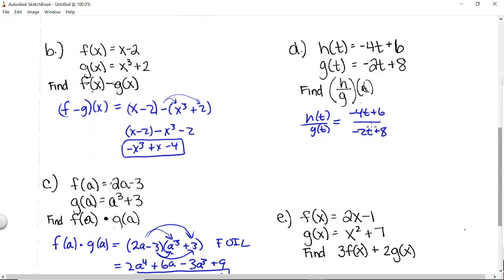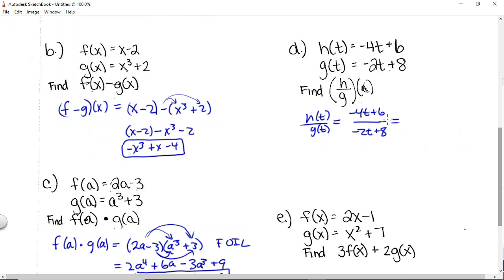Okay, so now what do you do with that? Well, this is a quotient of two functions, and this is a pretty convenient form already, but we will reduce it if we can divide all four of those by the same number.